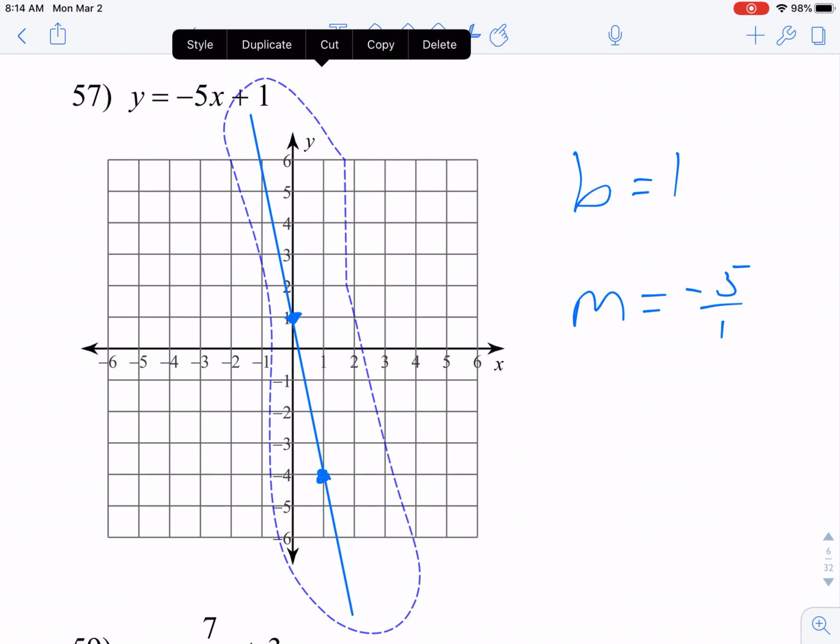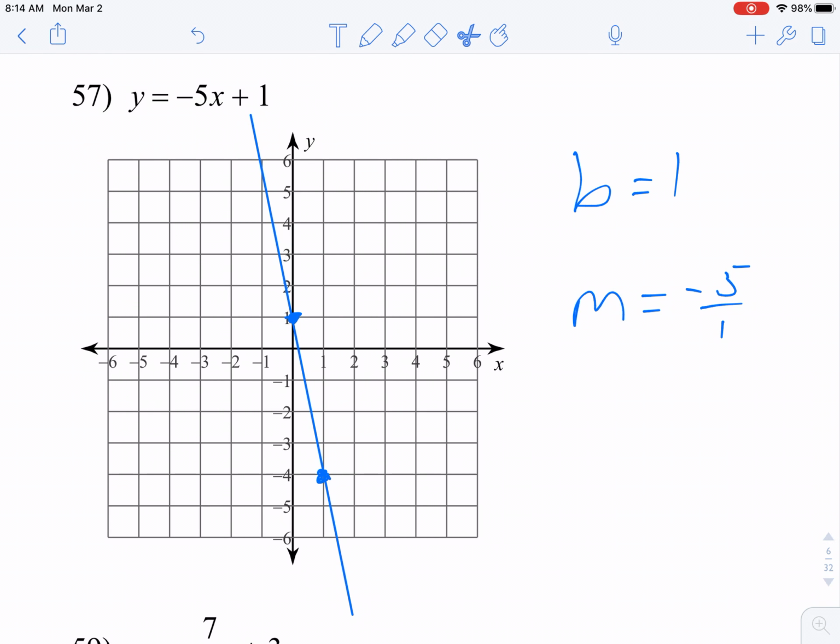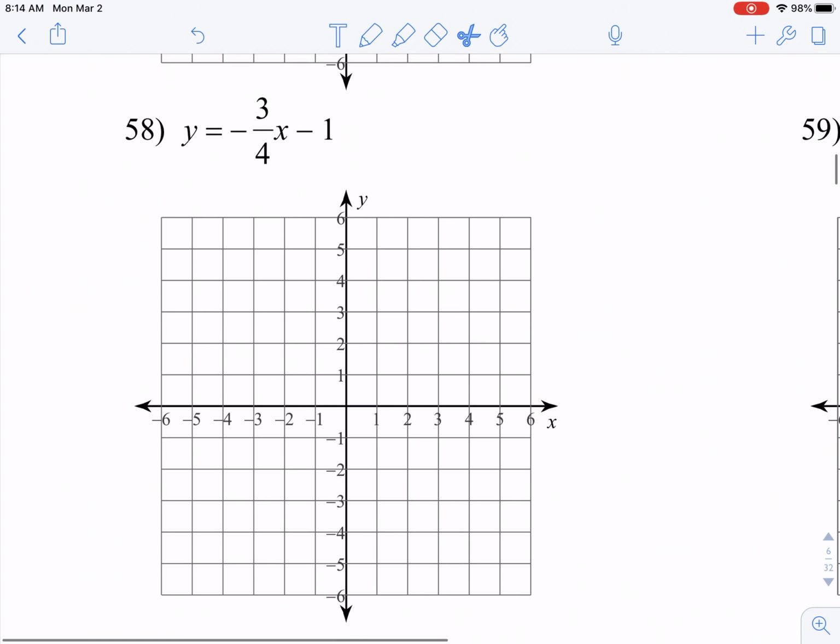Moving on to number 58. The y-intercept is -1. The slope is -3/4. So the -1 tells me to put a dot right here. -3/4 tells me to go down 3 and over 4.